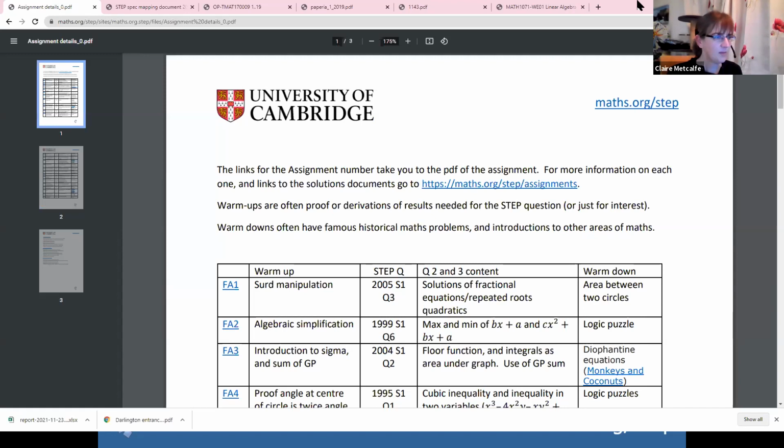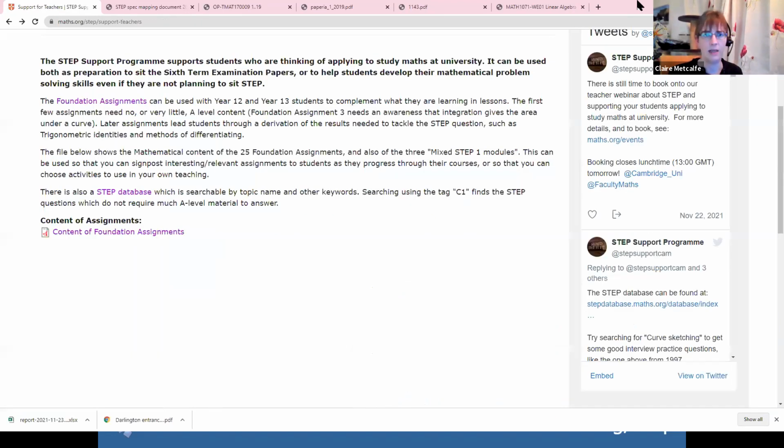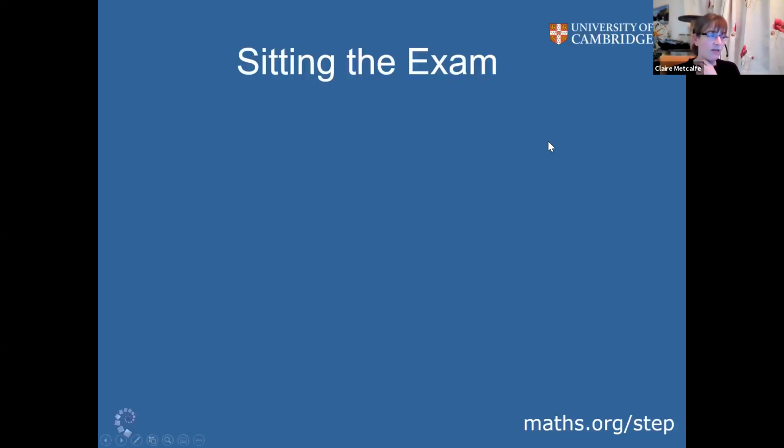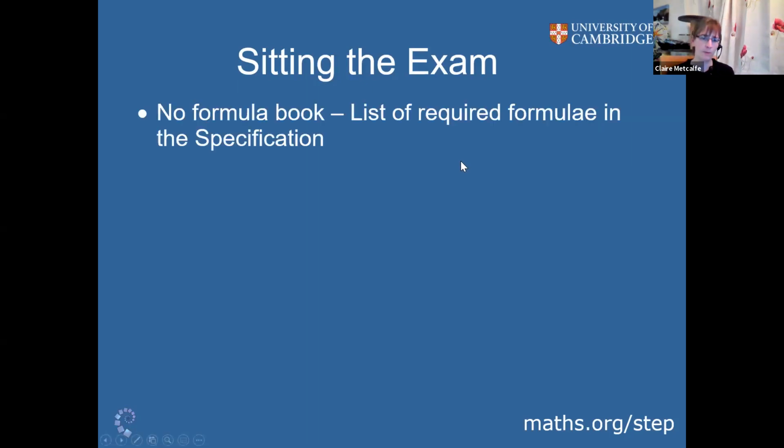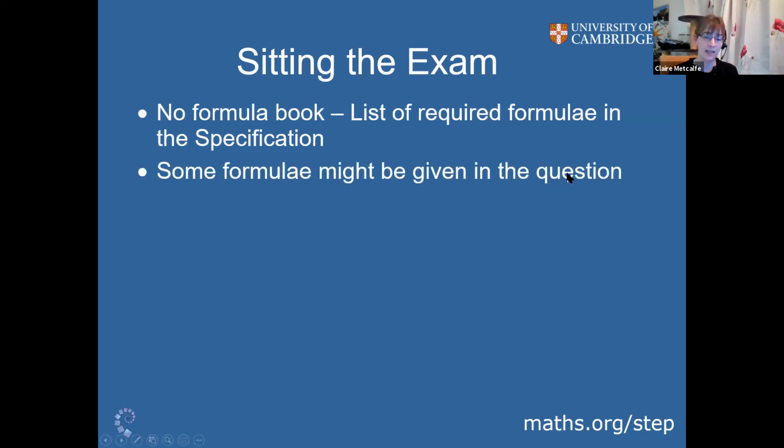Okay. So I think that's everything I wanted to say on the website. I'm going to talk very, very briefly about sitting the exam because I don't want to go into a lot of detail about this. But for those who aren't aware, there's no formula book for STEP. There is at the back of the specifications a list of the formulae that we expect they should know. What will also happen sometimes is that there might be a formula given in the question.